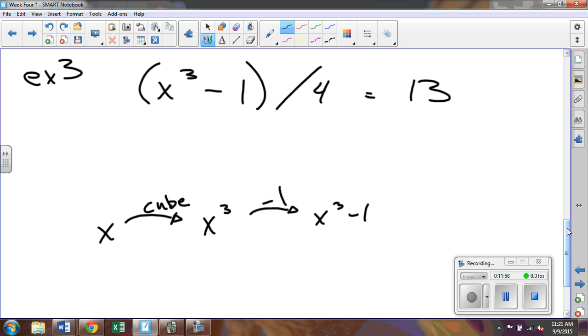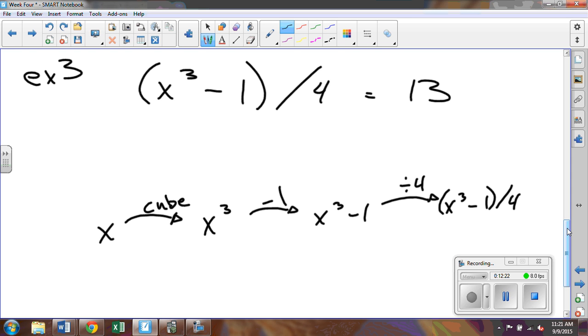Then what happened? Divide by 4. Thank you, Dylan, which gives us x cubed minus 1 divided by 4. That has mapped out our entire function.